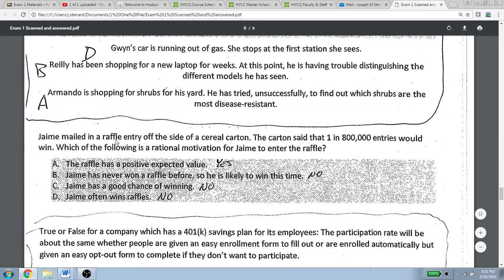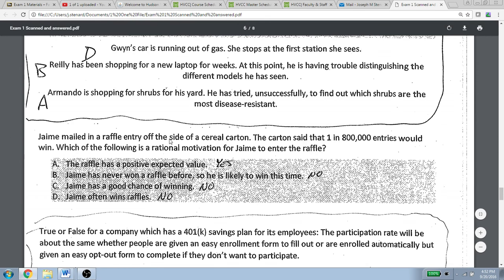Jamie mailed in a raffle entry off the side of a cereal carton. The carton said that 1 in 800,000 entries would win. Which of the following is a rational motivation for Jamie to enter the raffle? Well, the raffle has a positive expected value. The 1 divided by 800,000 gives you a very small percentage chance.